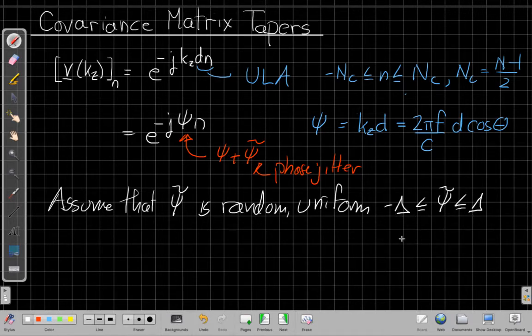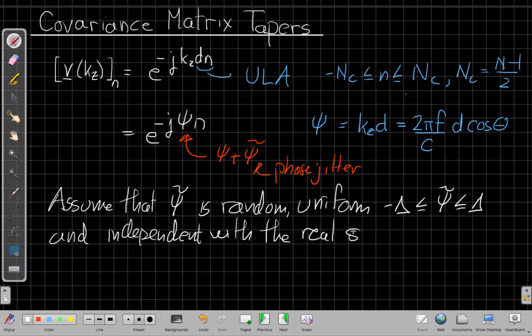So we'll say we know the phase is going to jitter plus or minus some amount delta. And we'll also assume it's independent or uncorrelated with the real signals and the additive noise.